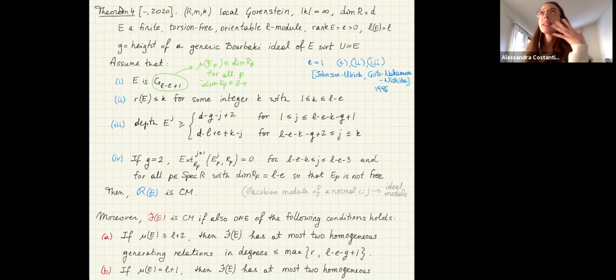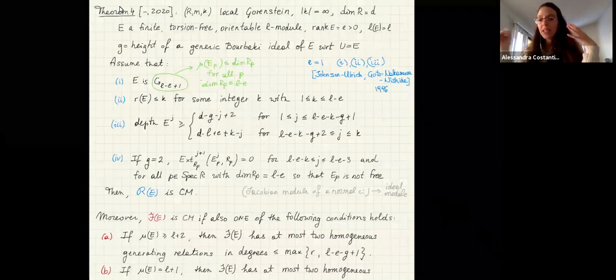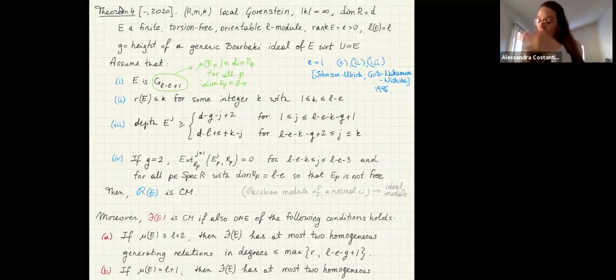If you want height bigger than 3, or at least 3, the only way this can happen is that the module you started with is a direct sum of an ideal plus a free module of rank 1 less. So really, with this technique, it's almost impossible to recover any result for an ideal of height bigger than 2.